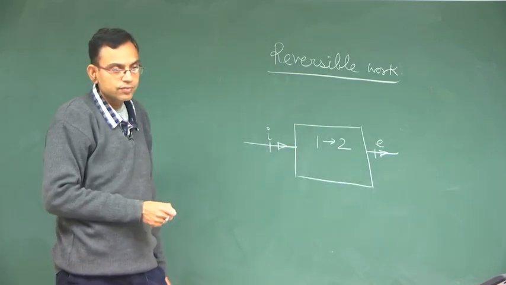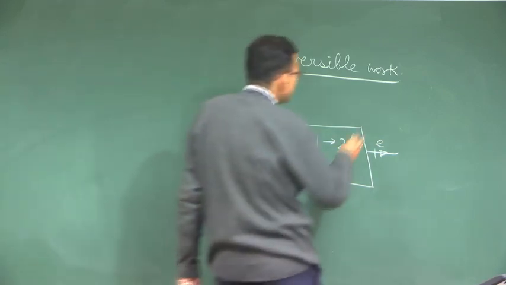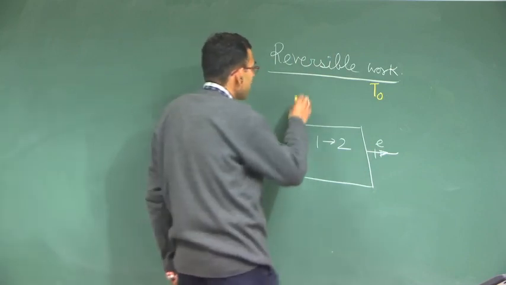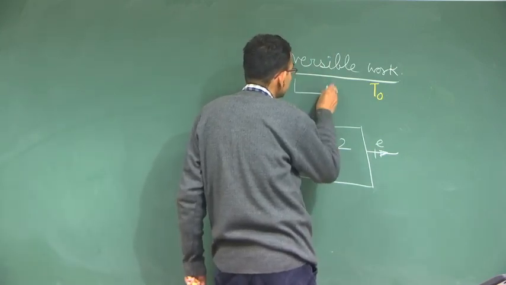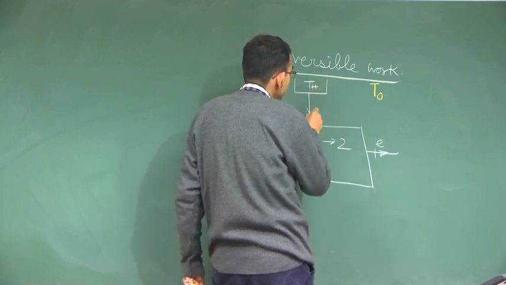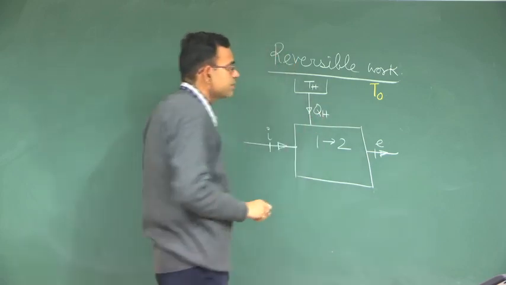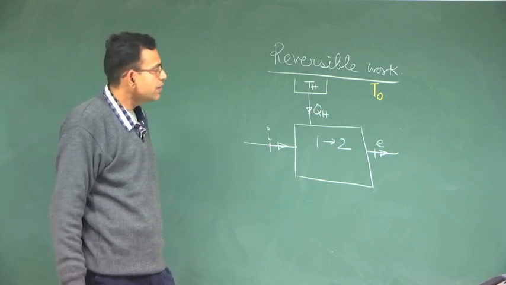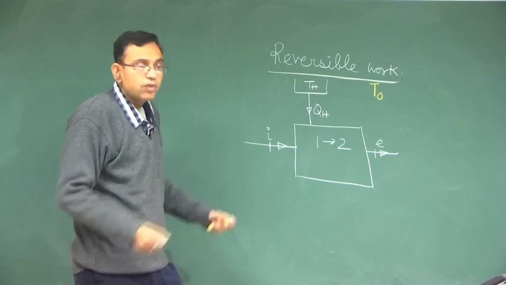To have a general description which considers both flow and non-flow process, I have considered a generic arrangement like this. What is specified is that there is an ambient T0. In addition to that, there is a thermal reservoir at a temperature Th, from which you are having a transfer of heat QH to the system. Again, what is specified?